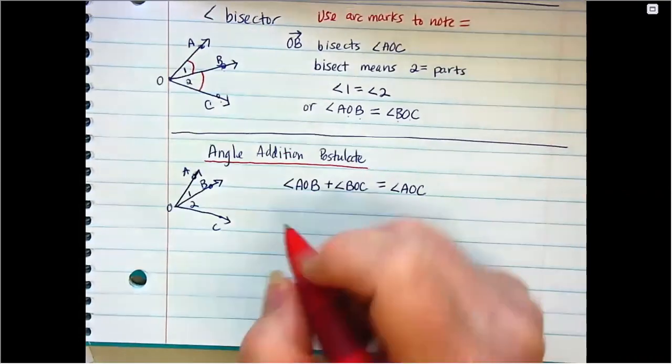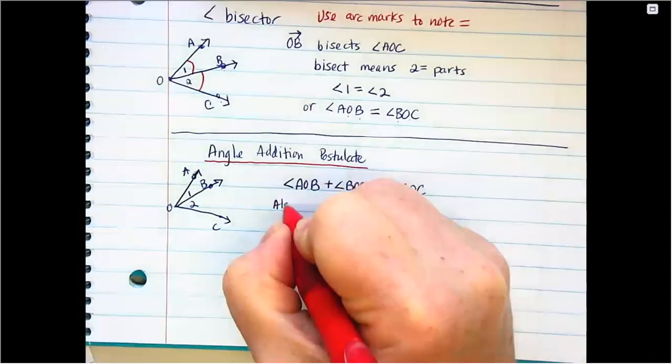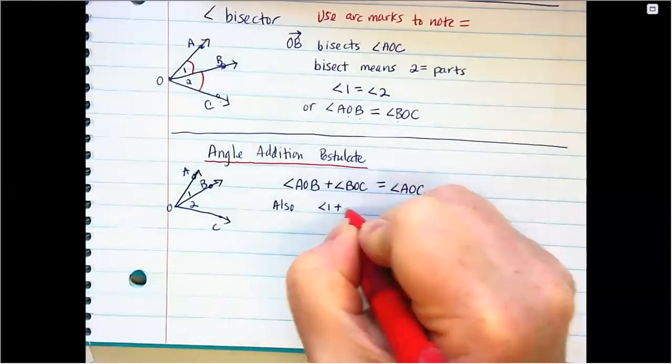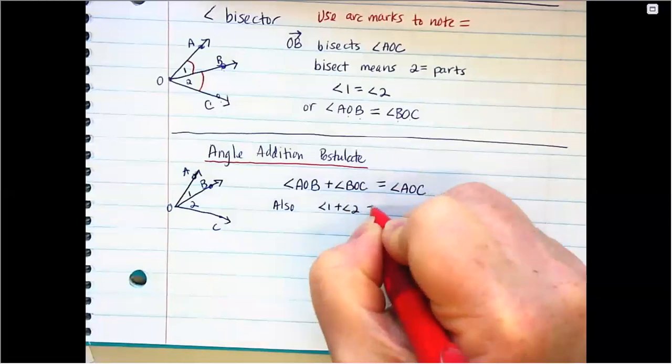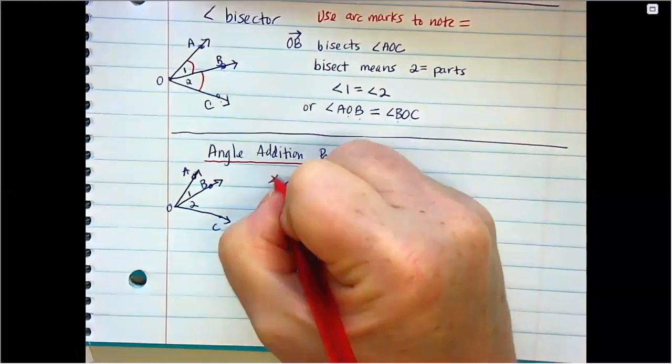We can also say that angle 1 plus angle 2 is equal to angle AOC. But this is super important.